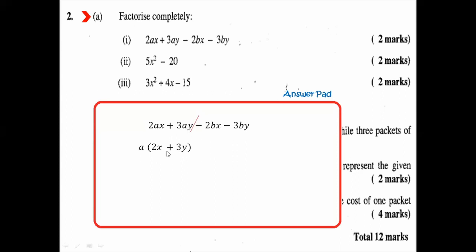And how do we ascertain this part? After you take out what is common, right? You just cancel the 2ax by the common thing, which is the a right here. So a cancels this a, leaving 2x. And a cancels the a right here, leaving the 3y. And then over to the other side, what's common is minus b. In case we're going to get confused with the minus sign, right?